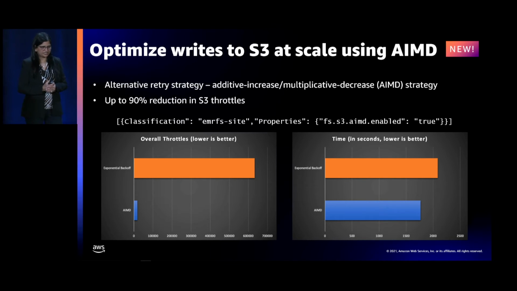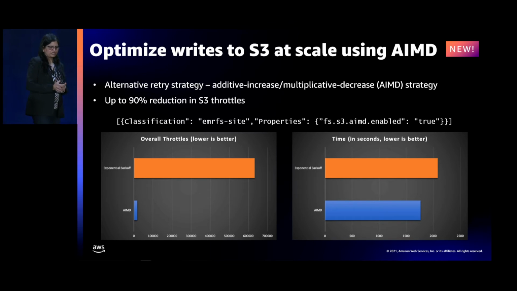What it does is it reduces the throttling by up to 90%. It's a feedback and control algorithm that we have implemented, best known for its use in the TCP congestion control mechanism. So we have implemented a similar strategy on Amazon EMR in order to reduce your throttling.